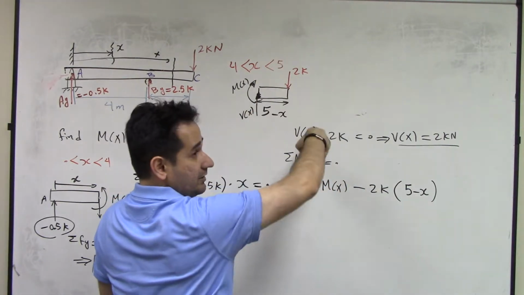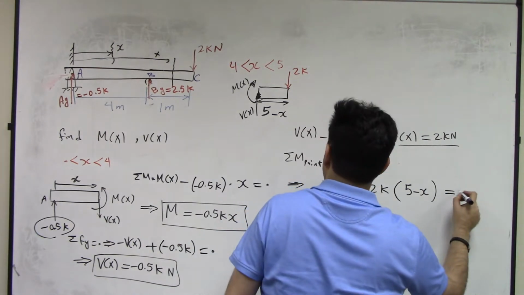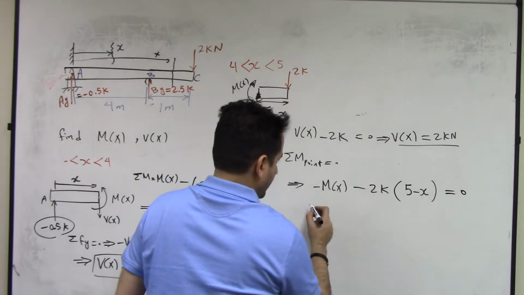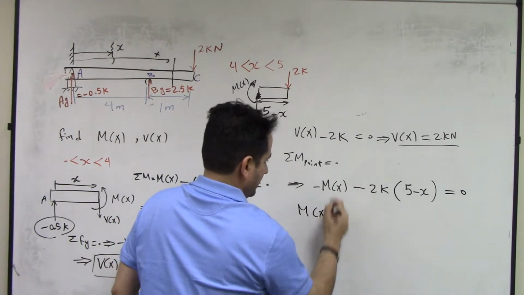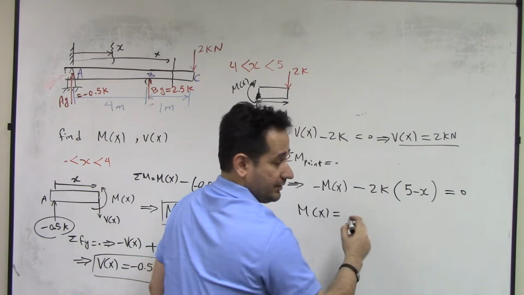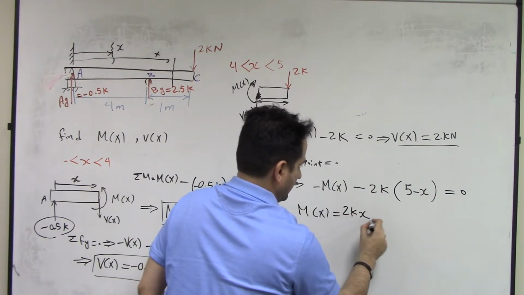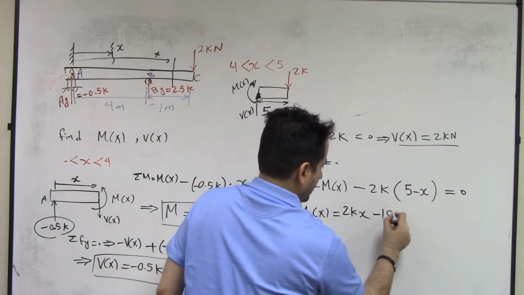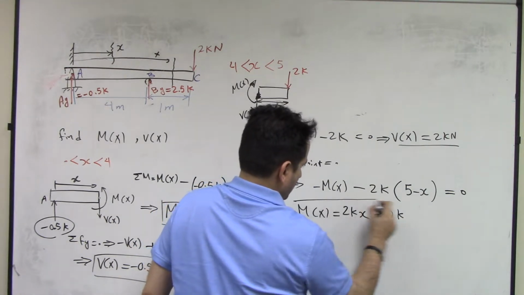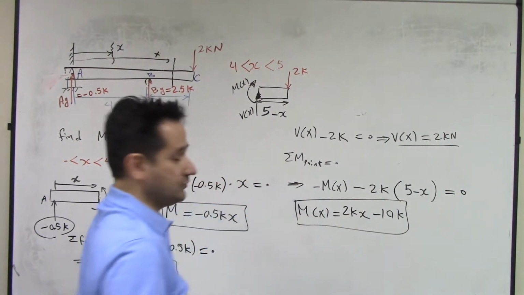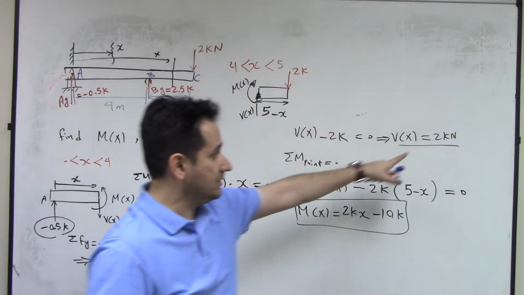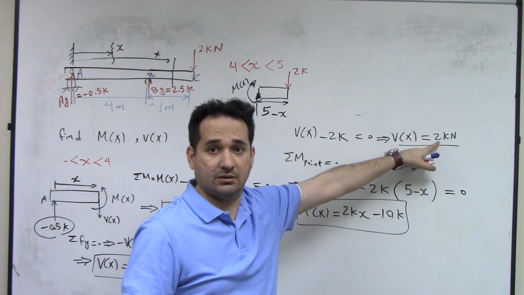Negative 2k times distance, 5 minus x, is equal to 0. So solving for Mx, take it to the right side, Mx is equal to negative 2k times negative x, positive 2kx, negative 10k, 5 times 2, negative 10k. This is your moment. As you can see, the derivative of moment with respect to x is shear. See that?